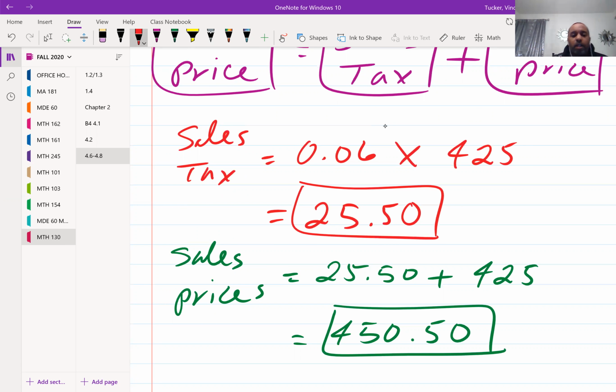So once again, they didn't ask for the sale price, but just in case they ask, we know how to get it.